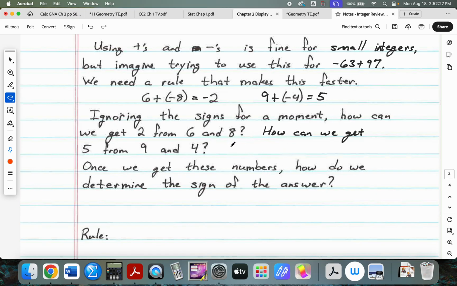So how can we get 5? In both cases, by subtracting. Once we get those numbers, how do we determine the sign of the answer? It is the same as the sign of the larger number.